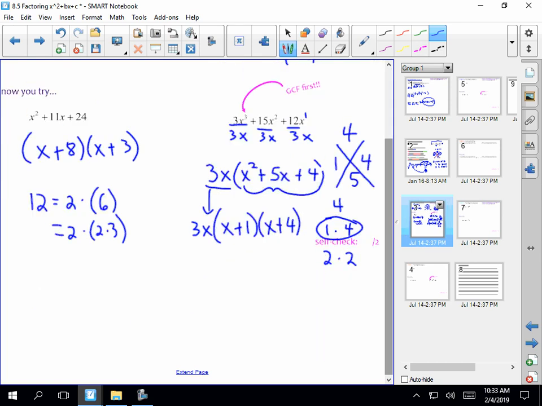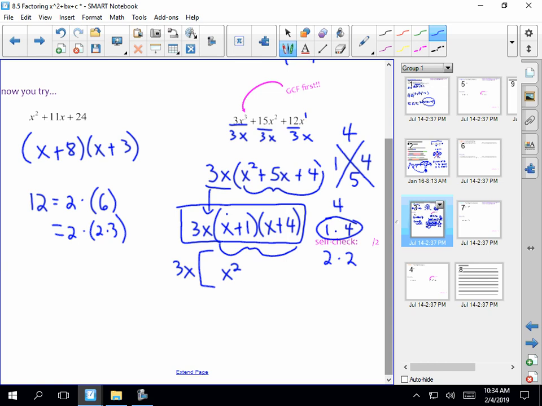So just to show you what we're doing in reverse. This is the completely factored form of the above trinomial. Just to show you that we've done this correctly, look what happens here. If I take just this part and multiply it back out, the x times the x would give me x squared. Remember, I have the 3x still out here.